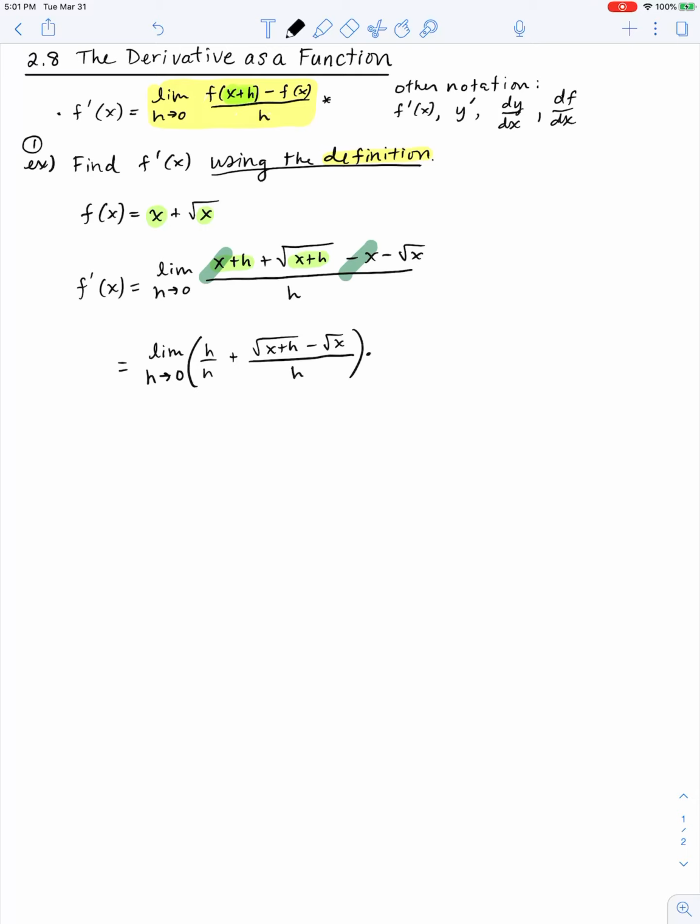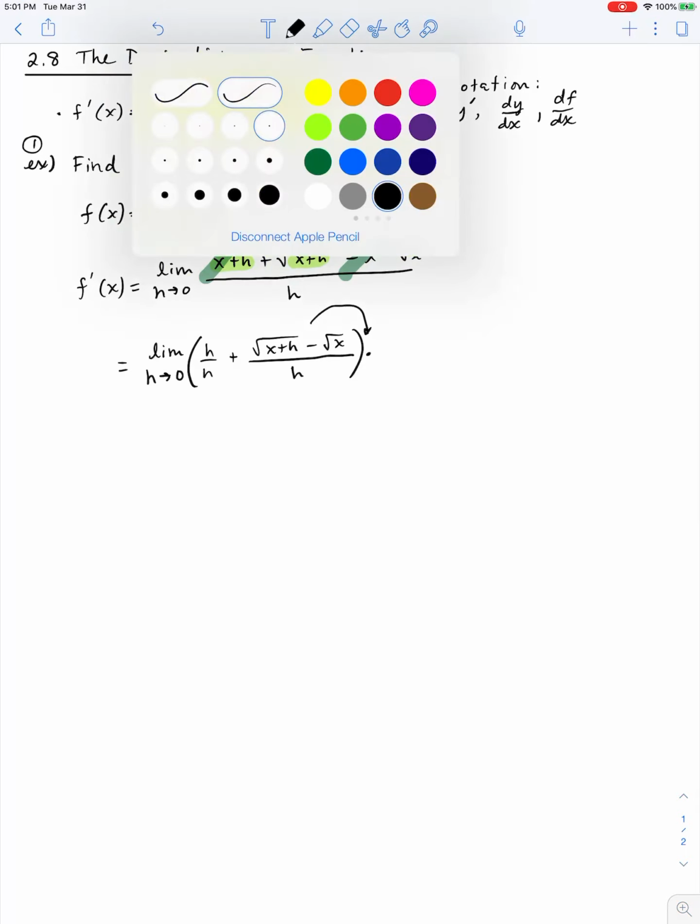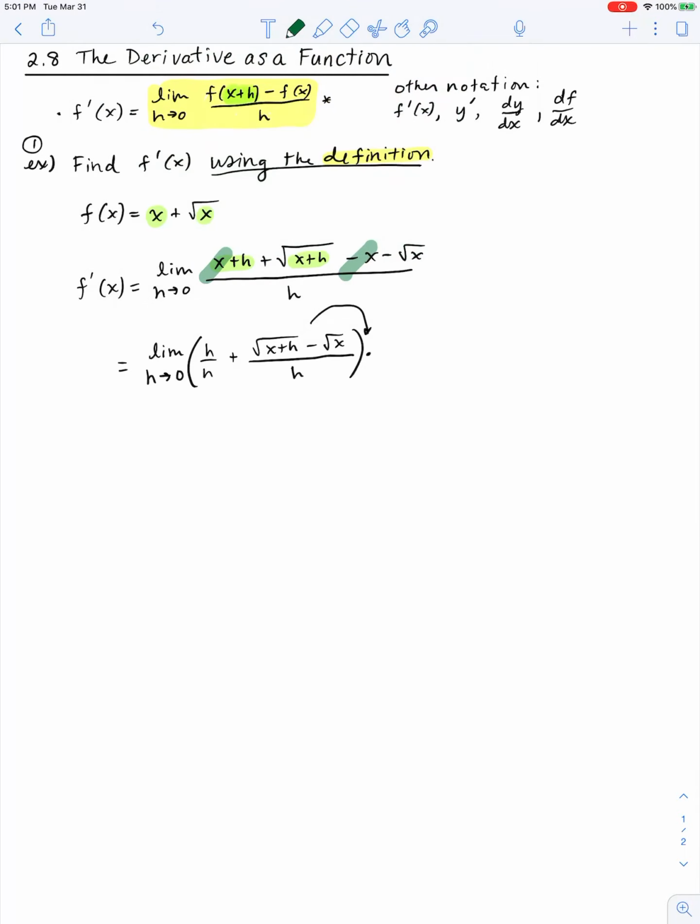So what I'm going to do, inside the parentheses, is multiply by the conjugate. Let me go ahead and change the color here: square root of x plus h plus square root x over square root of x plus h plus square root x.